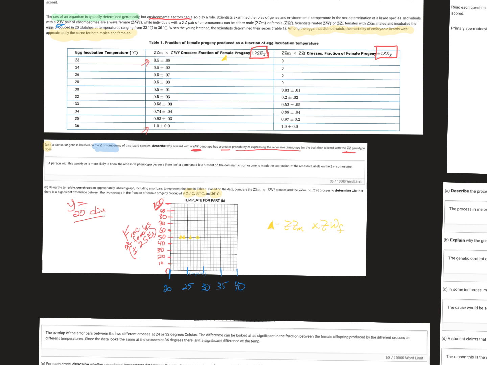At 30, it's at 50%. At 33, it's at 58%. 58, that's 55, 6, 7, 8, should be about here. Obviously, you're going to have to do some guesswork, some estimation. At 32, I'm sorry, I'm already at 33. At 34, it's 74%.